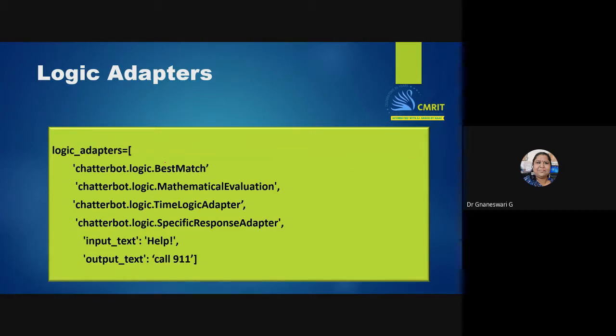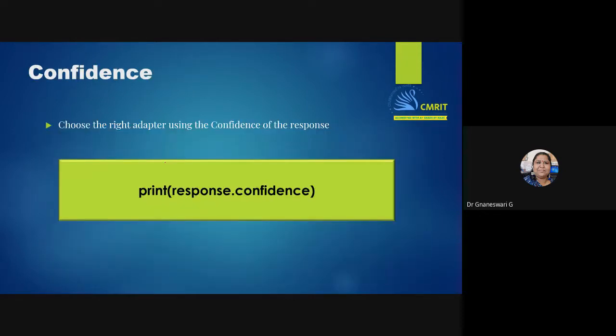So specific responses can be set. You can set up these specific responses for your chatbot to give in cases like this, right? All these things have to be set using these logic adapters. So these are some of the modules which you have in Chatbot. With Chatbot, these are some of the things you can do.